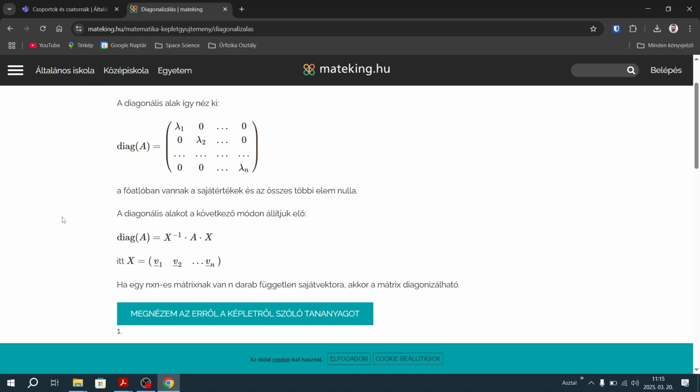Okay? We have to check the signs. Here the signs are the same. Here it changes from minus to plus, and from plus to minus. Okay, so this is an inversion.